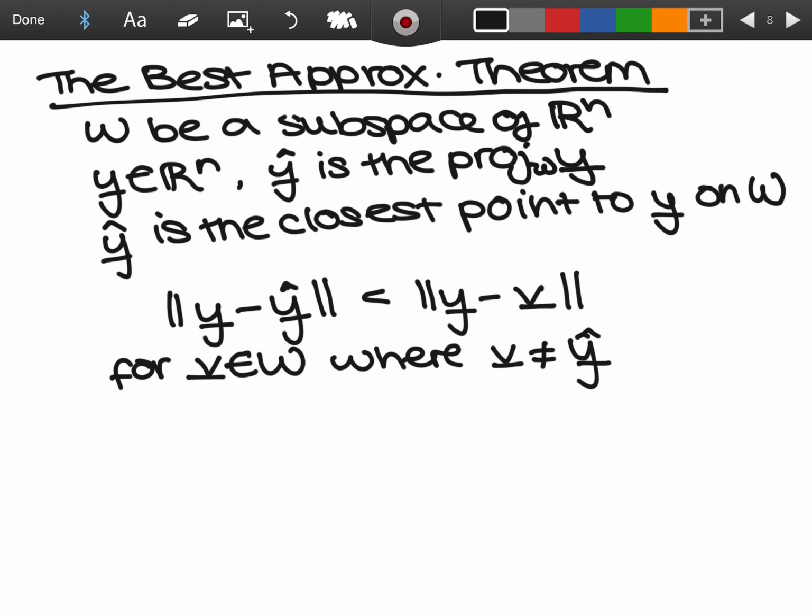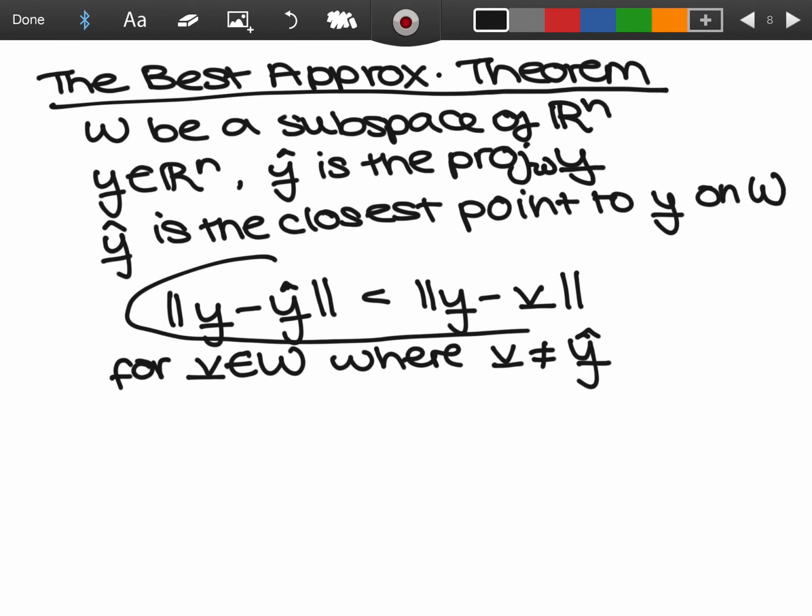So how can I approximate that vector using a vector that is in the space that I want? That is where this comes in handy, because you can approximate y by the thing that's closest to it in that subspace that you're looking at. So you can approximate y by its projection onto W. So you can approximate y using y hat. That's where this becomes useful.